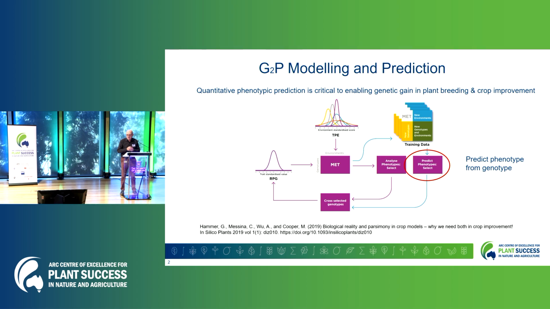And that's this quantitative phenotypic prediction, which enables you to predict the phenotype rather than have to measure it, which can make your whole breeding system far more efficient. You can do a lot more samples or measure a lot less, and so the expense to get genetic gain is reduced enormously, and so most major programs now use genomic prediction as part of their system.